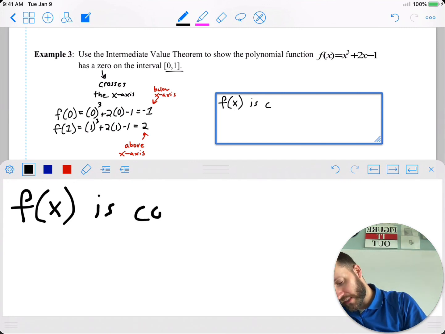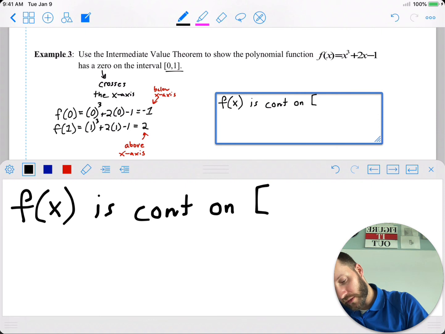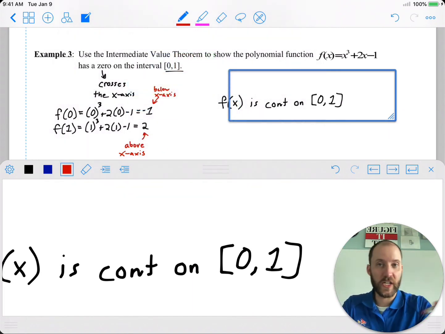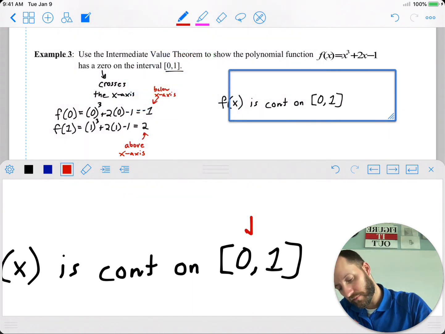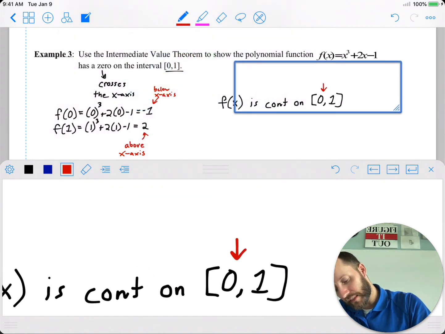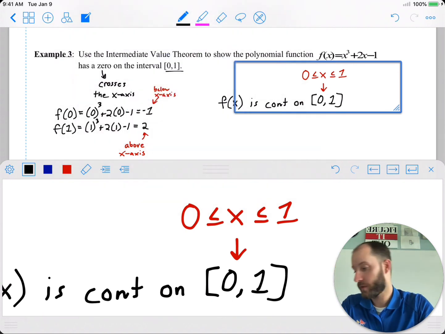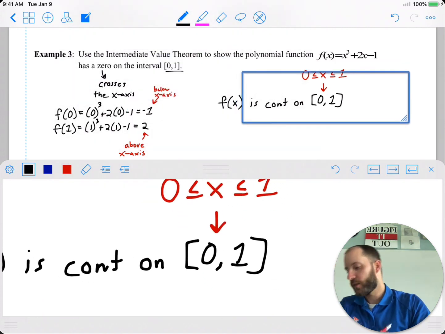So f of x is continuous on the closed interval 0 to 1, and this interval notation, if you remember, is the same as 0 less than or equal to x less than or equal to 1, so inclusive intervals. So f of x is continuous.